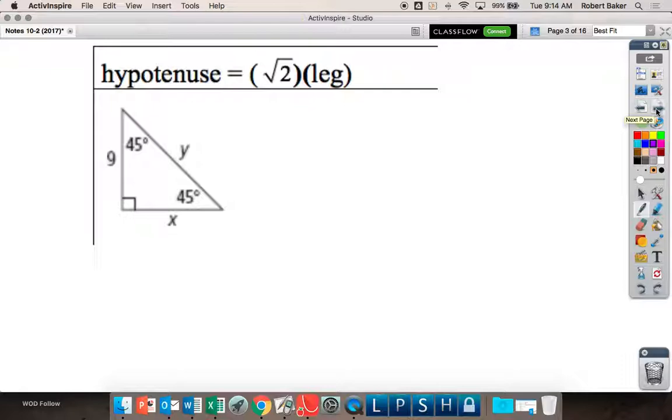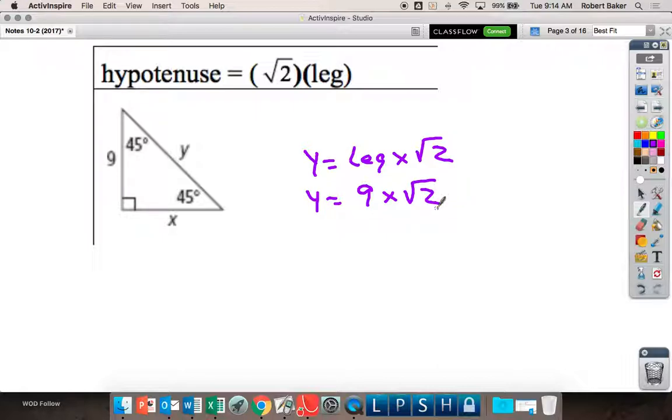It says to solve for the hypotenuse, you multiply a leg times the square root of 2. So what is this number 9 right here? A leg or a hypotenuse? This is a leg. So to solve for y, y equals the leg times the square root of 2, or y equals 9 times the square root of 2.